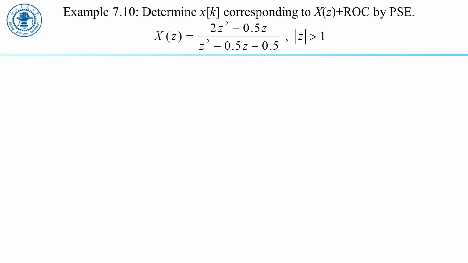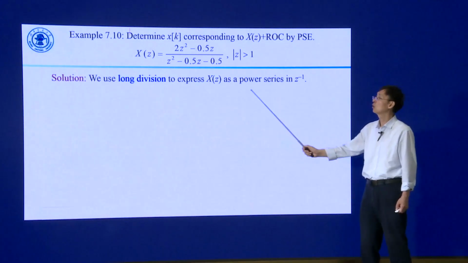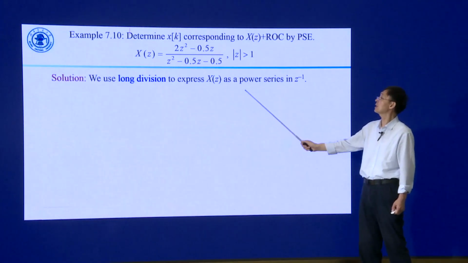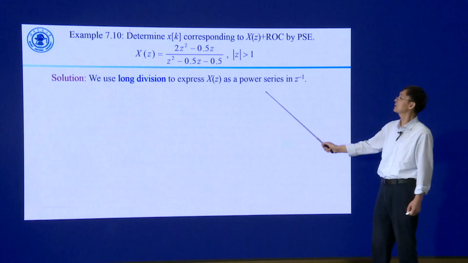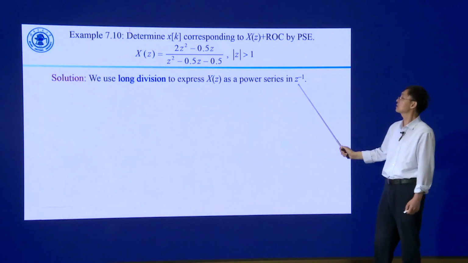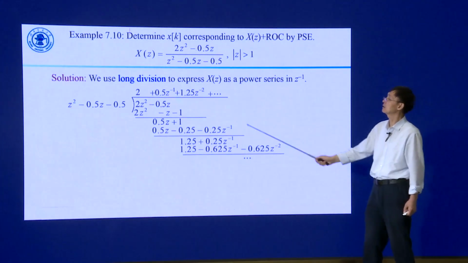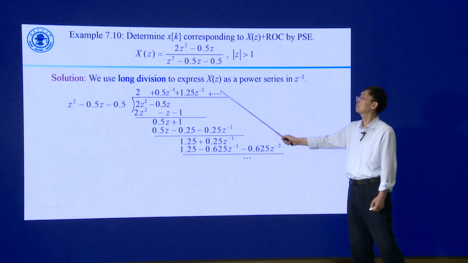For example, determine x of k according to this X of z and its ROC. We use long division to express X of z as a power series in z to the power minus 1. This is the long division process.